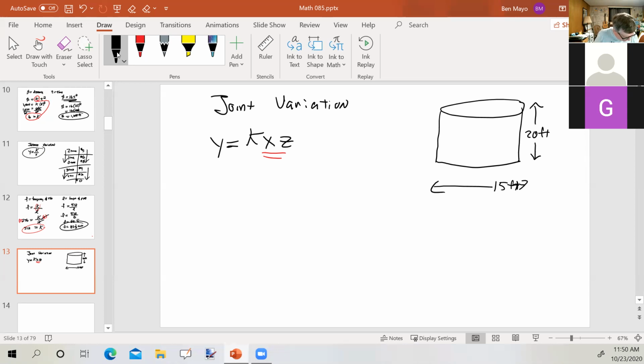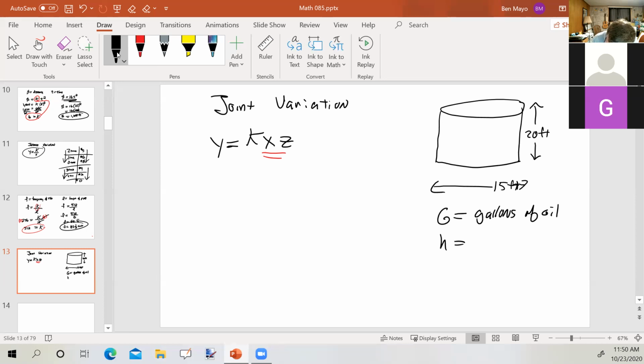It says the number of gallons of oil. So we're going to let G equal gallons of oil that can be stored in a cylindrical tank, which varies jointly as the height of the tank.